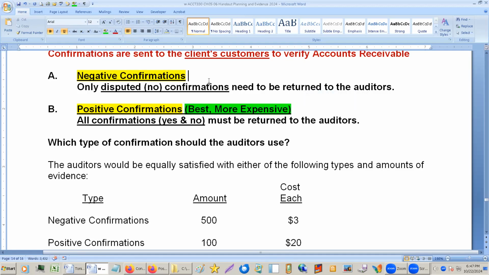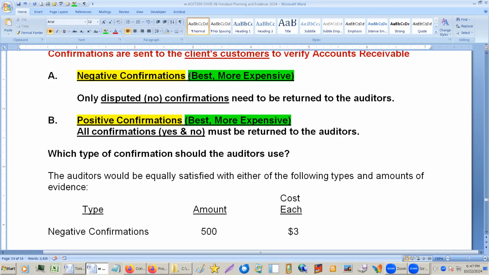Negative confirmations would be medium evidence, because you're not getting all of them back, but they are less expensive.